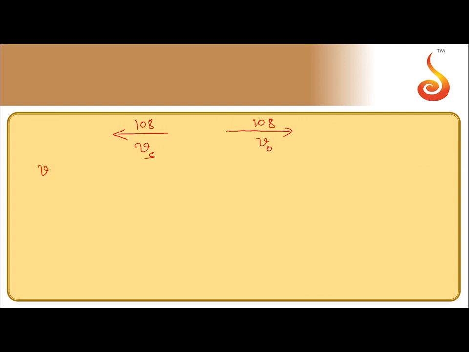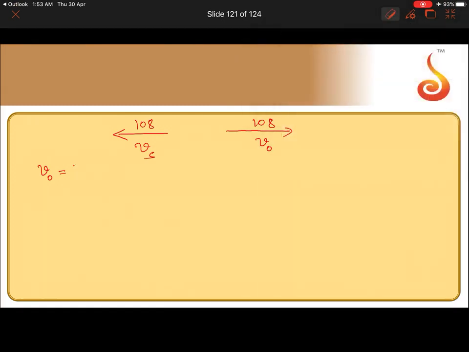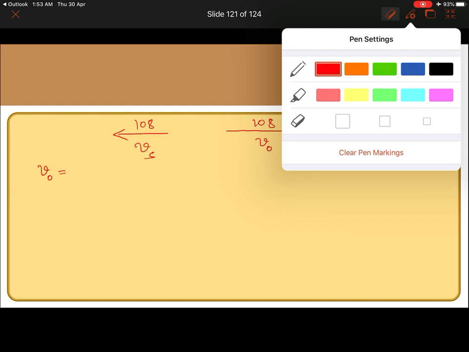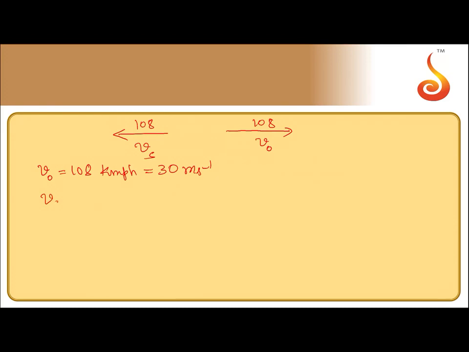So source is going away from the observer. So velocity of observer is 108 km per hour. That will be equal to 30 meter per second.